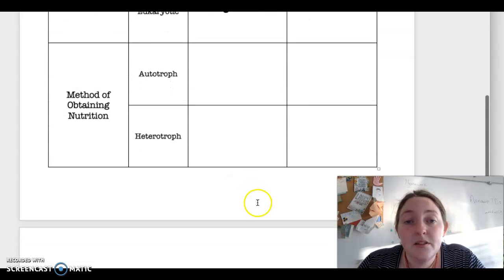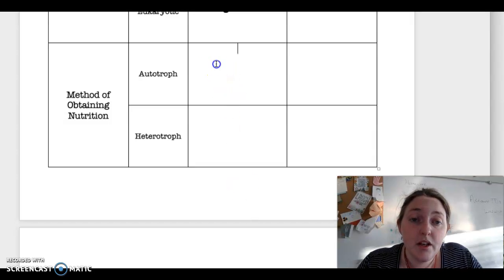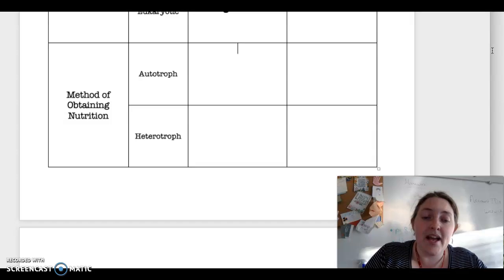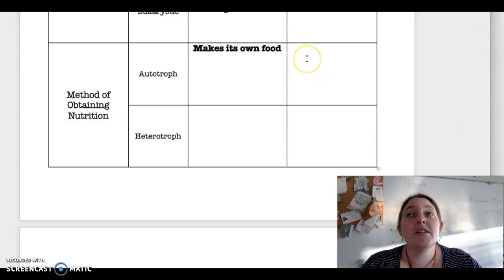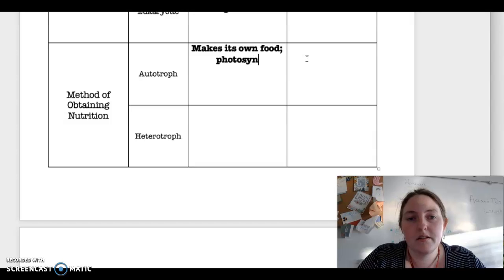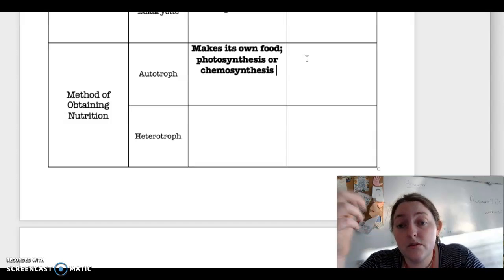And finally, we can look at how they obtain nutrients. So an autotroph is any organism that makes its own food. So this could be through photosynthesis or chemosynthesis, which is converting chemicals into food.